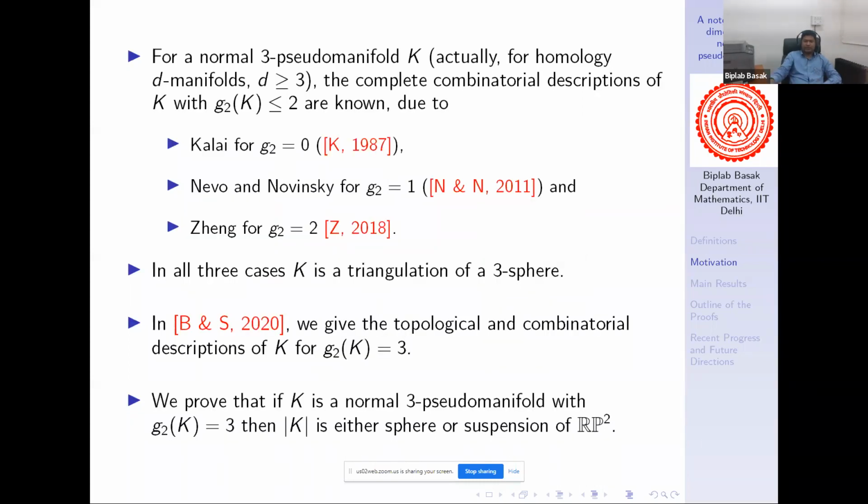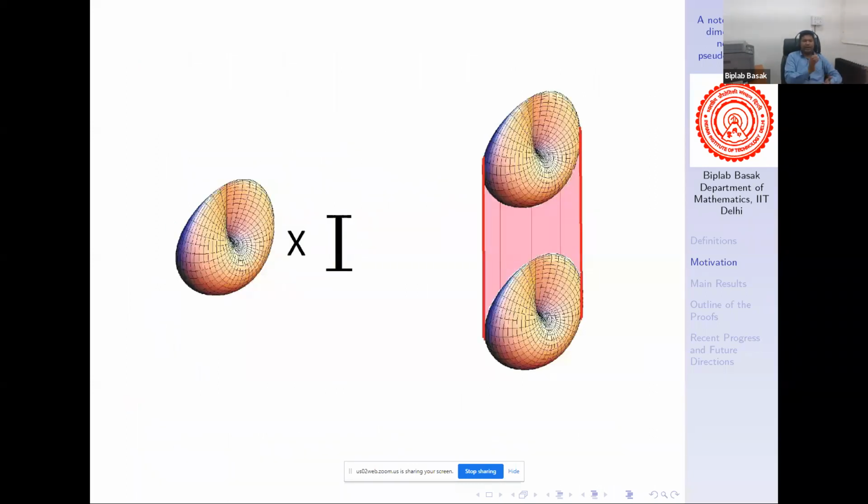First of all, we discuss what a suspension of RP2 is. This is very well known to topologists, but I define it for the beginners. First you take a copy of RP2 and take a product with the closed interval 0, 1. Then the resulting complex will be a manifold with boundary. It will have two boundary components, and both boundary components are RP2.